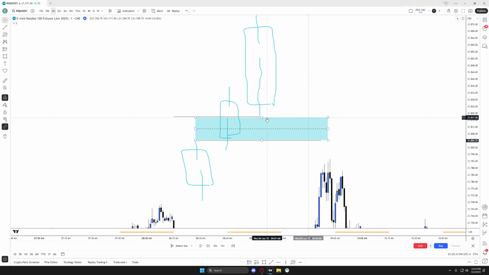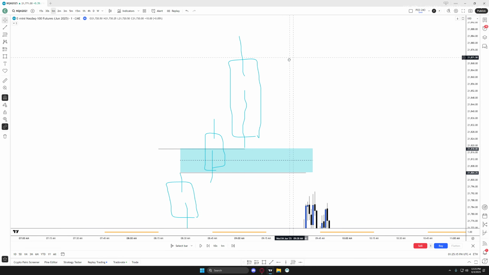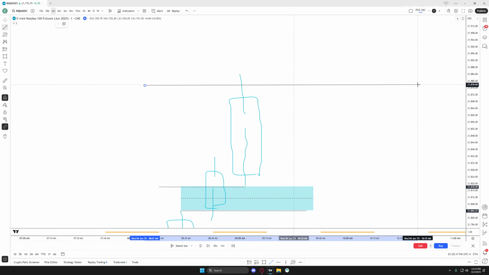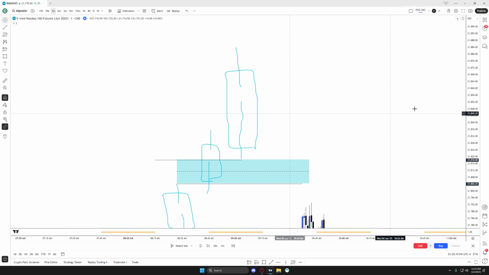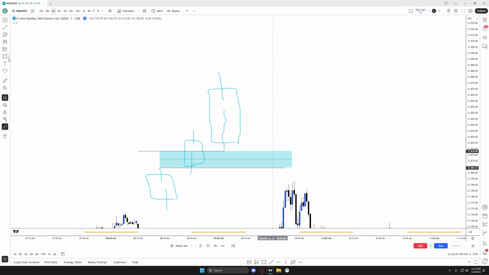Okay. So say our key level's up here. Now that we hit it with the fair value gap, we want price to come back down, and then we close below this fair value gap.